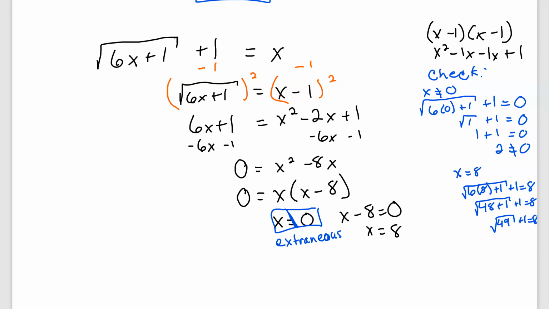So square root of 49 is 7. 7 plus 1 is 8. And yes, that does equal 8. So x equal to 8 is my solution. So you have to remember to check your solutions because sometimes they work and sometimes they do not.